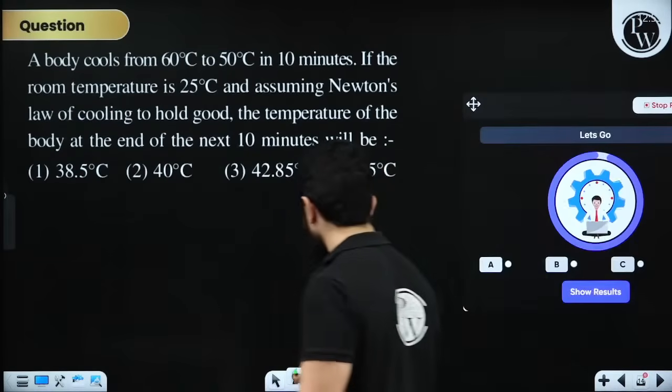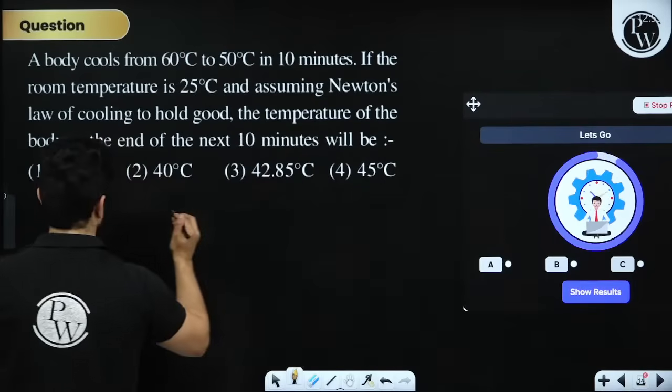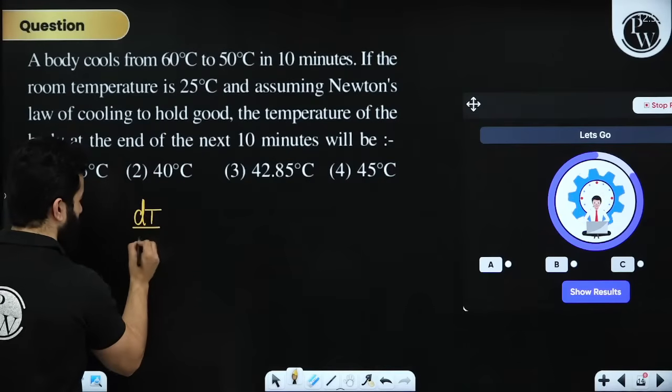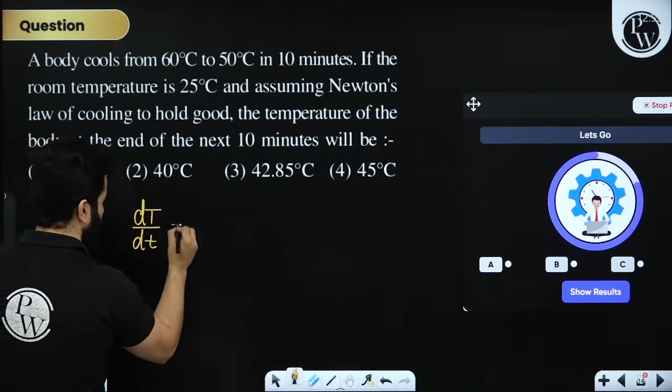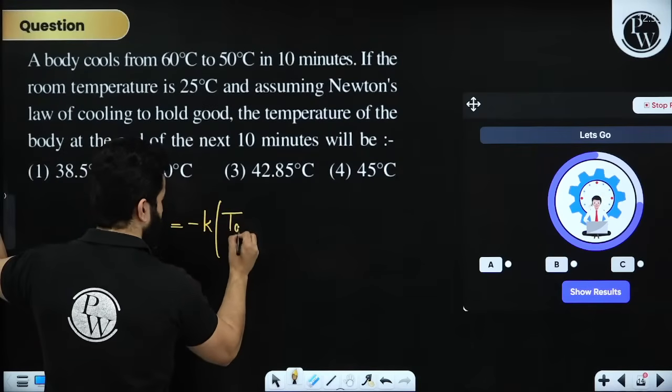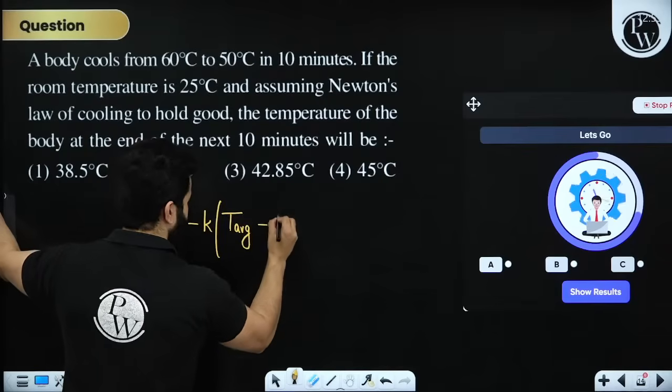In the meantime, let me explain what Newton's law of cooling is. Newton's law of cooling is, friends, dT upon dt is equal to minus K times T average minus T surrounding.